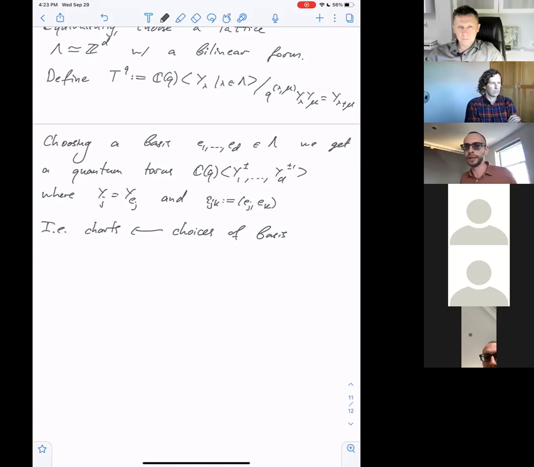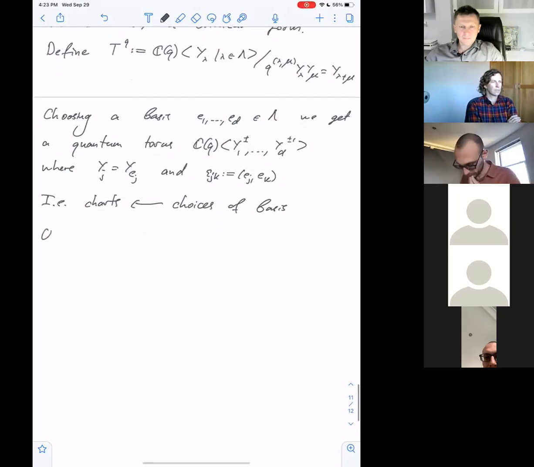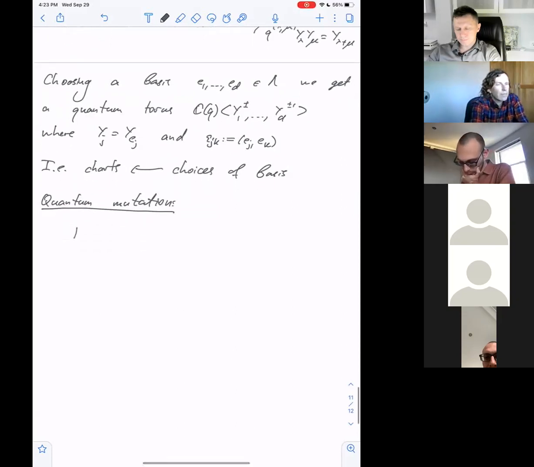So, right now, what's a quantum mutation? Well, quantum mutation is the following thing. We needed a birational isomorphism, so we start with some chart labeled by a quiver, and we want to get to another chart, this chart with the mutated quiver.